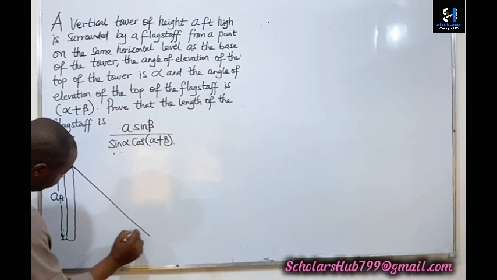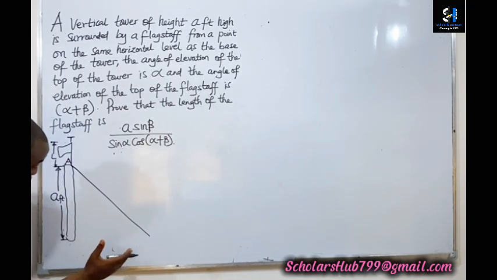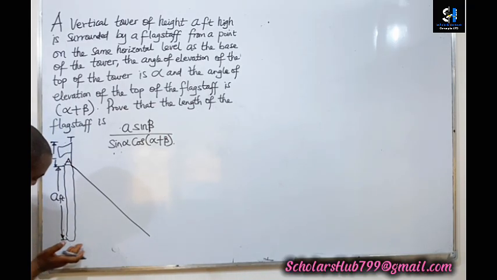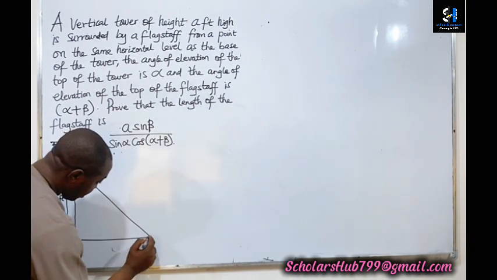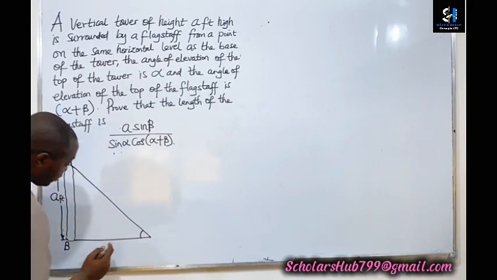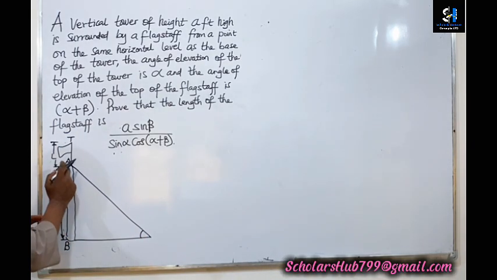So the angle of elevation is from a point on the same horizontal level as the base of the tower. If we label the base of the tower to be B, that means the angle of elevation of the top of the tower is here. This is the tower, and this is the flagstaff.